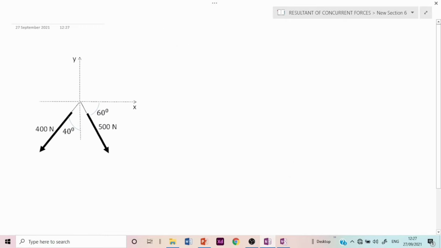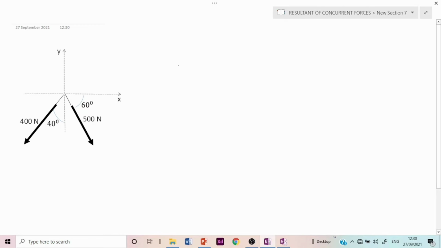To find the angle of the resultant, let's quickly note what we've obtained. We've determined that this force has two components. One component is minus 7.11i, and the second component is minus 739.42j. So we must be able to represent the same in our Cartesian coordinate system.